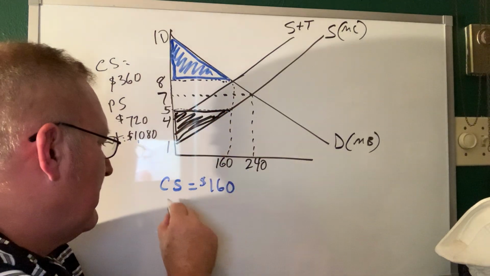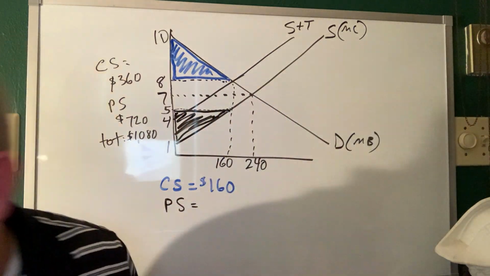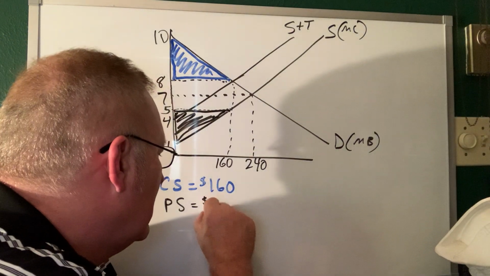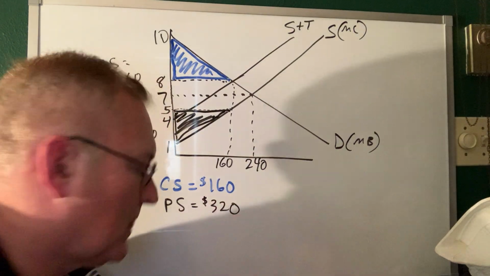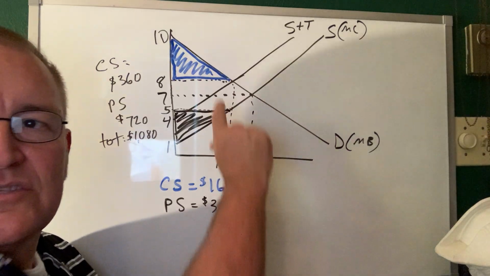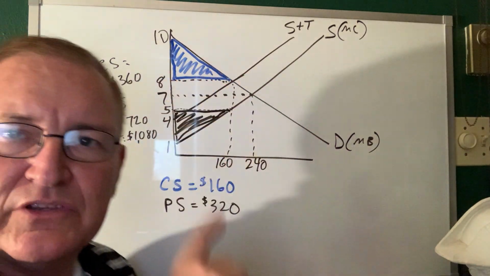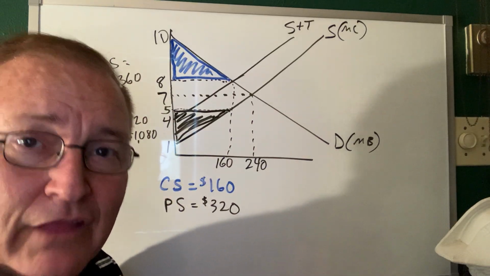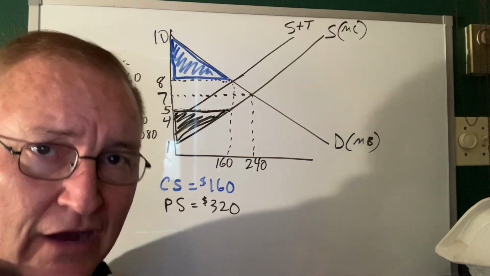This becomes my producer surplus, and in this case the producer surplus is going to be 320. Now we can see this big space between the producer and consumer surplus. What's that? That's the tax revenue that's going to go to the government.